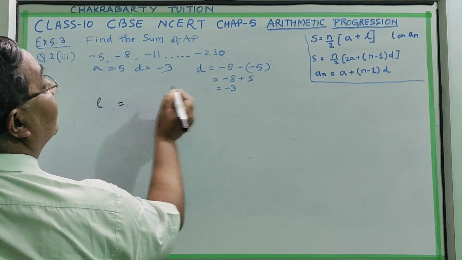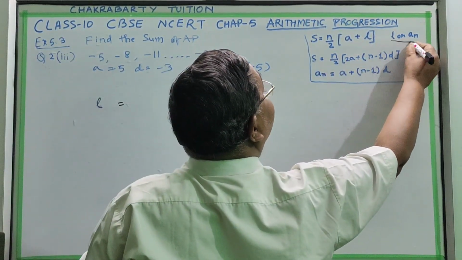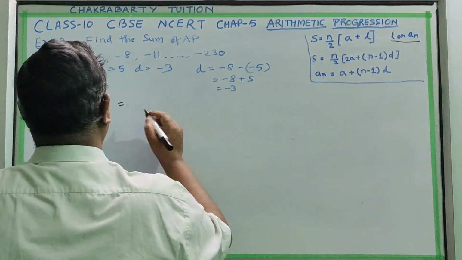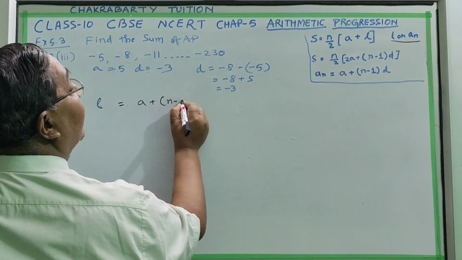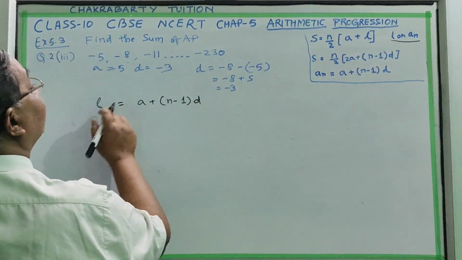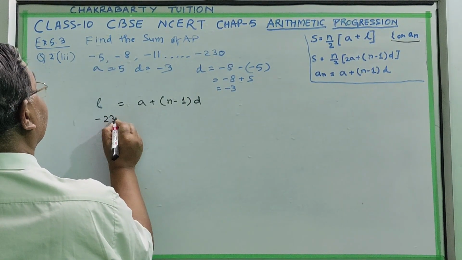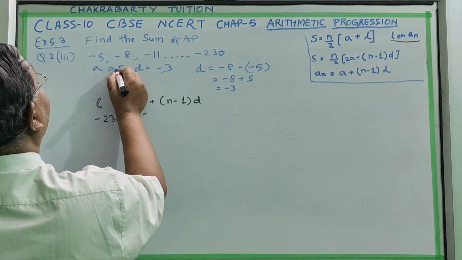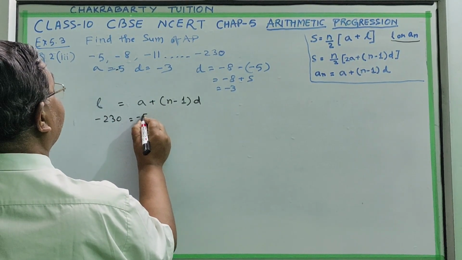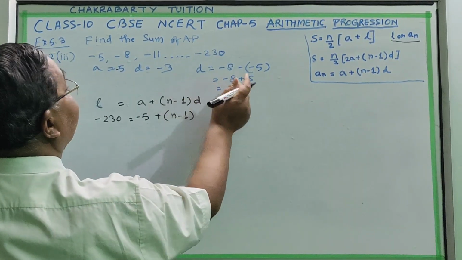L equals this formula. In place of an we can use L also, both formulas are the same. A plus n minus 1 and d. Why L are we using? Because the last term is here. So the last term is minus 230. A we have found, minus 5. A is minus 5, minus 5 plus n we want to find out, and d is minus 3.